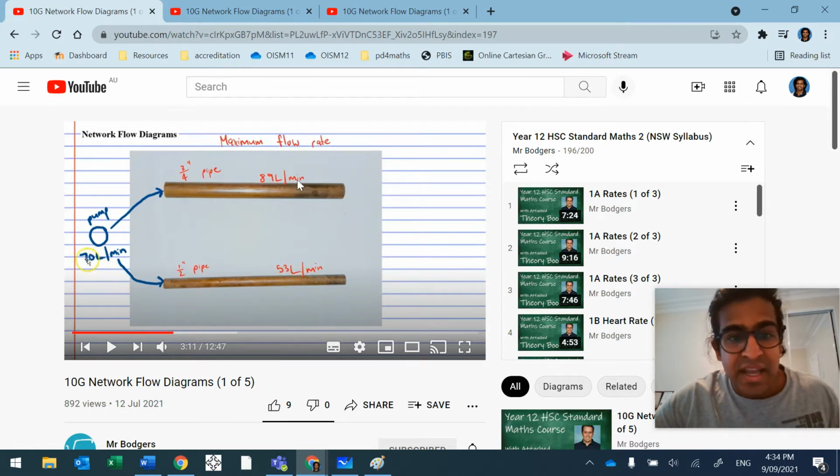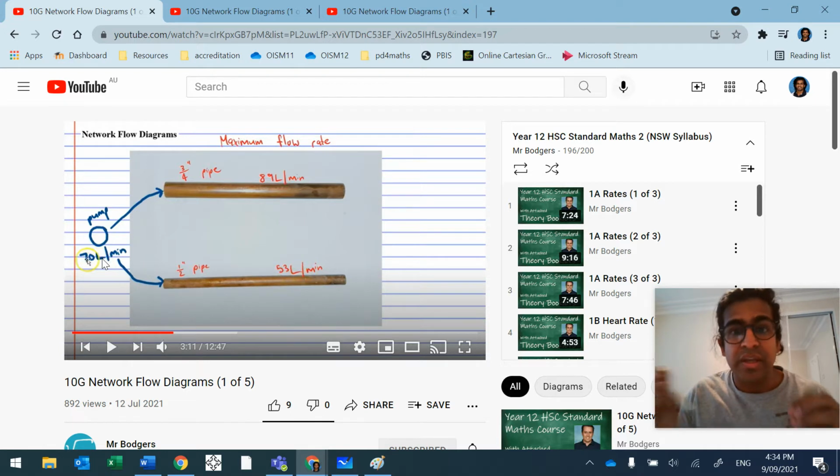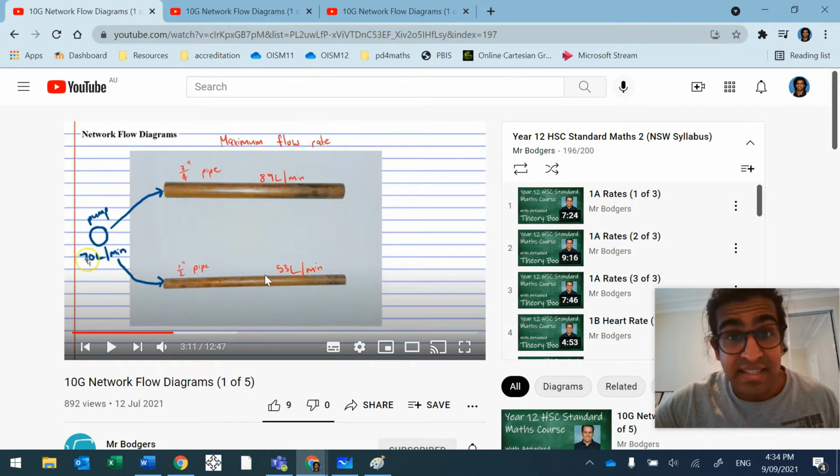The 89 litre per minute pipe can comfortably fit 70 litres per minute of water flowing through it. But we obviously have a problem in this smaller diameter pipe. Its capacity is only 53 litres, so it's going to struggle. In fact, it's not going to be able to send water through that pipe at 70 litres per minute.